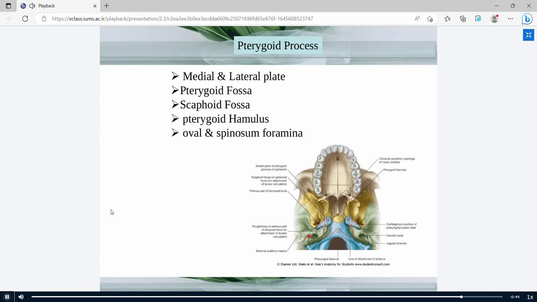Do you see the foramen rotundum in the greater wing on the lateral surface of the sphenoid bone? This is the lateral surface of the sphenoid bone. Do you see a foramen rotundum? Almost all of the students answered yes.